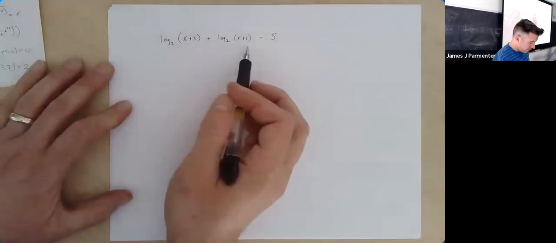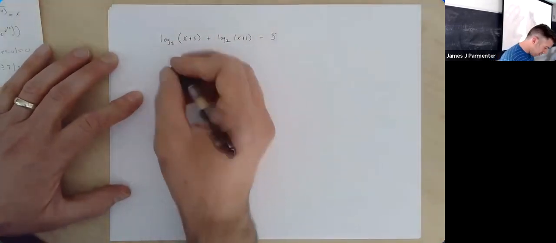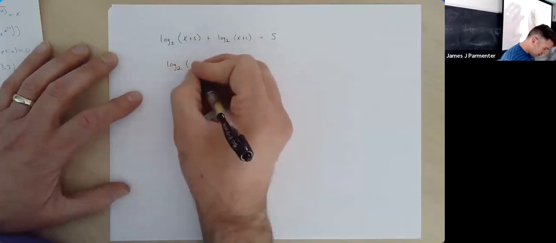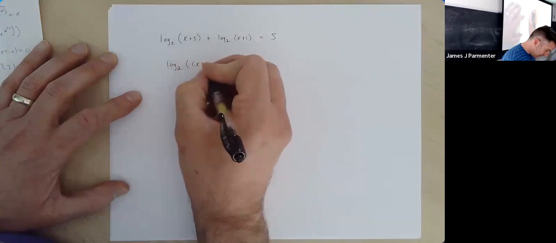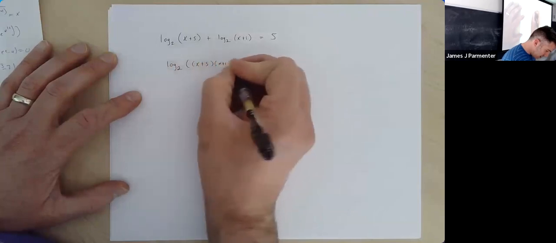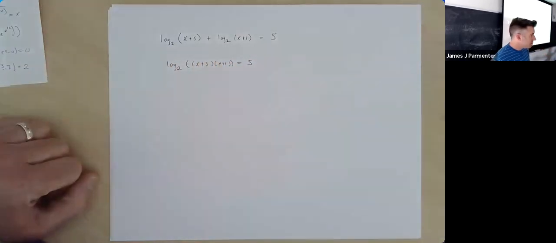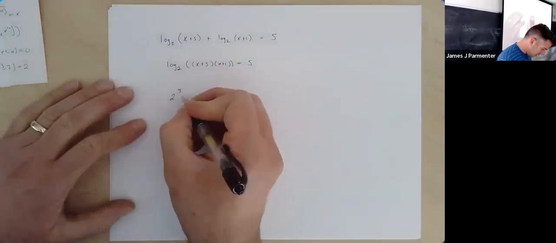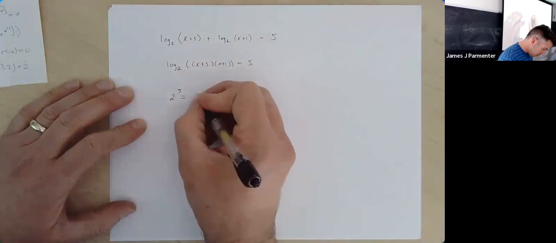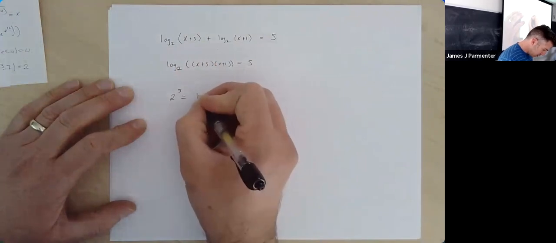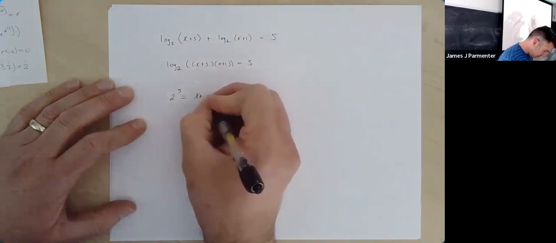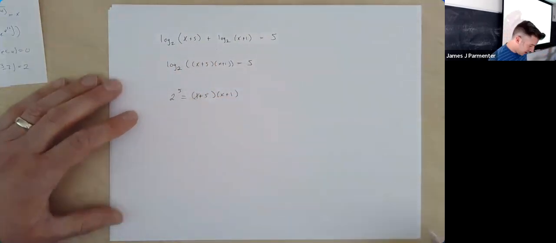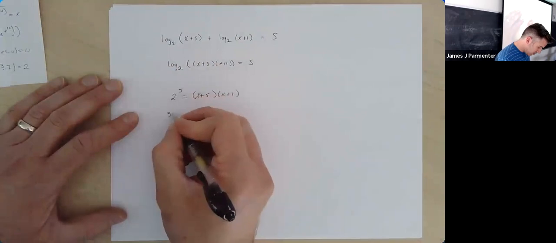If I was going to solve this, I would put it together and say, okay, great. Log base 2 of, I'm going to multiply those together, so x plus 5 times x plus 1 equals 5. And I'm going to rewrite it: 2 to the 5th equals x plus 5 times x plus 1. I'm going to multiply it out. 2 to the 5th is 32.